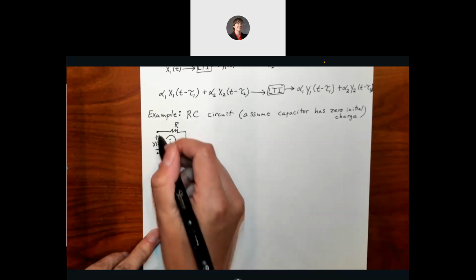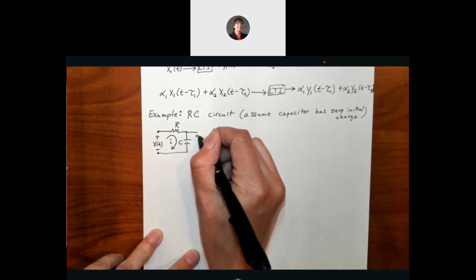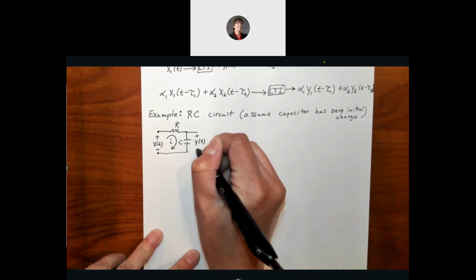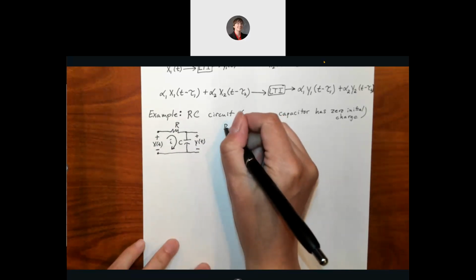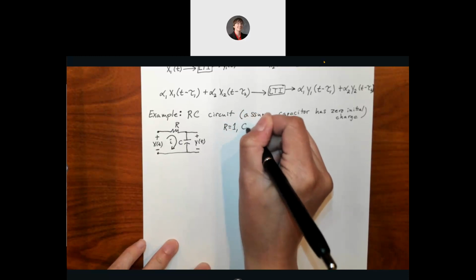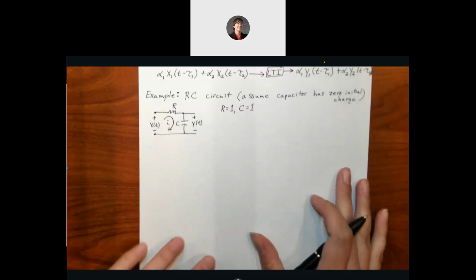And if this X of t is my input voltage, I'm going to take my output voltage, Y of t, to be across the capacitor. To make things a little bit easier, because we're really looking at this more just for the procedure and mathematical purposes, we're just going to say our R and C are both 1. Makes things a little bit simpler when we start solving things.